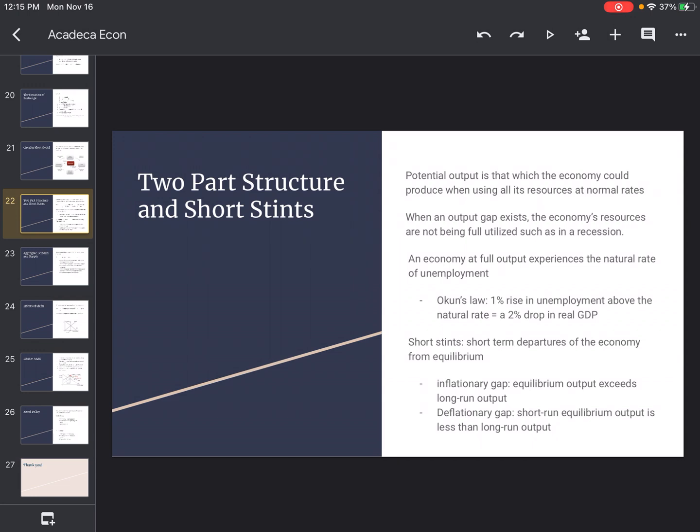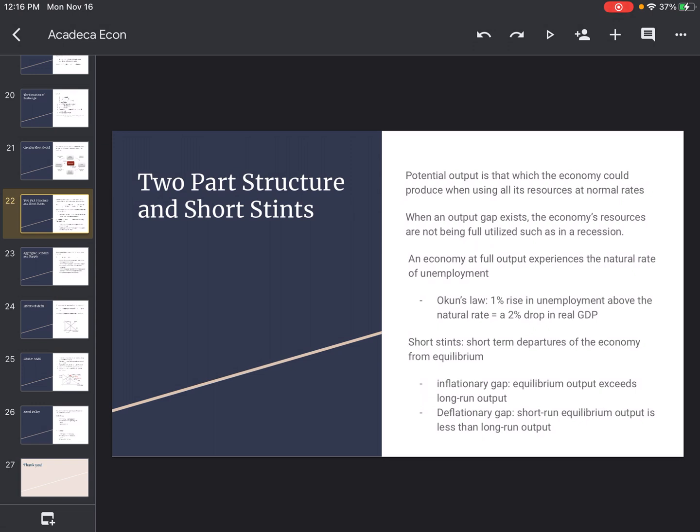That is just another truth to jot down. That's primarily most of the stuff. Short stints refer to a short-term departure of the economy from equilibrium, not necessarily a massive jump away from it, but a short break away from it.